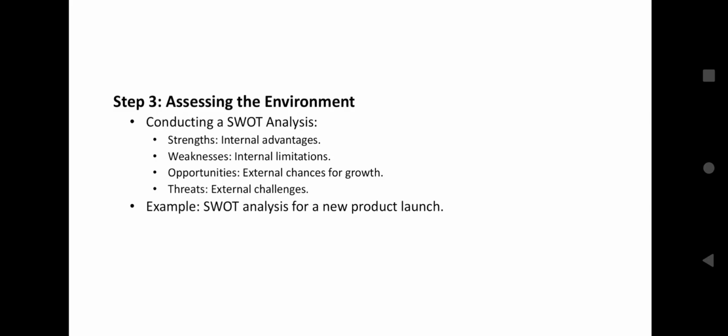What are the threats? There will be opponent companies. If you make a startup in technology software, the same software will be made by other companies also, and they will be a threat to us. The SWOT analysis is needed for a new product launch.